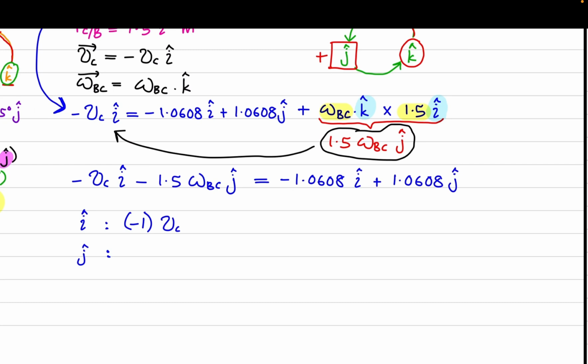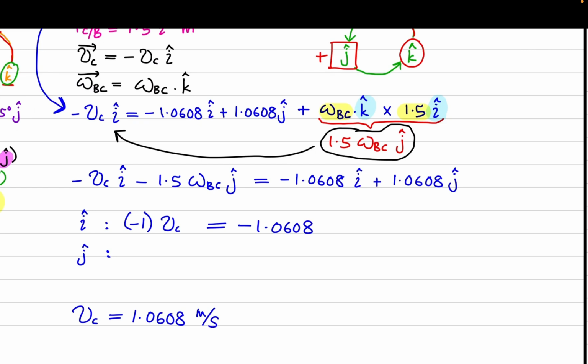On the right-hand side, we have minus 1.0608 i. So from here we can straight away get the value of VC. Negative and negative cancel out, so VC is equal to 1.0608 meter per second. That is our VC.